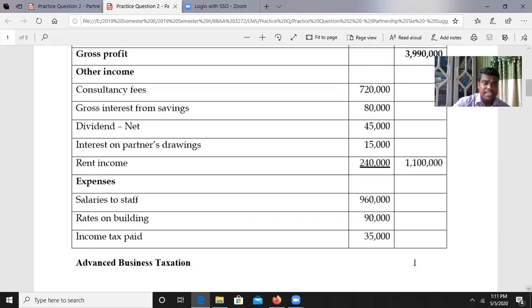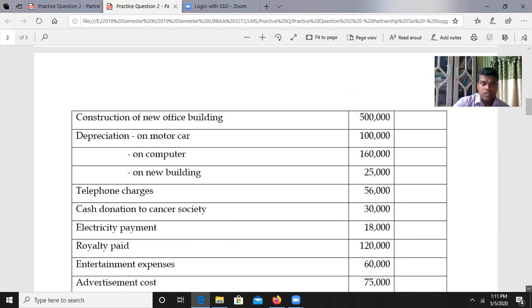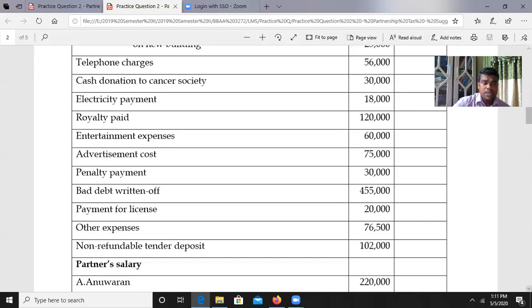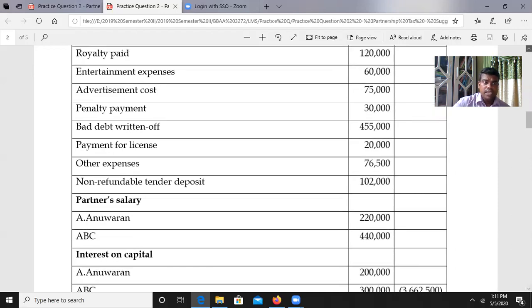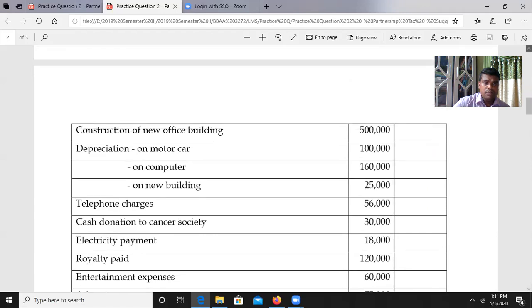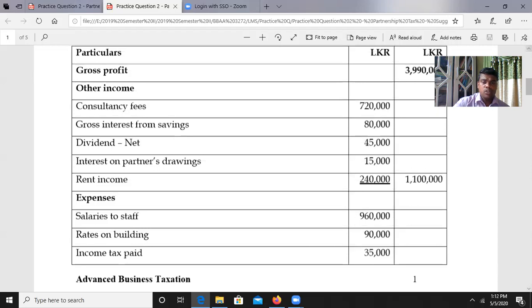Here you can see that the partnership paid rates on the building, which is 90,000.